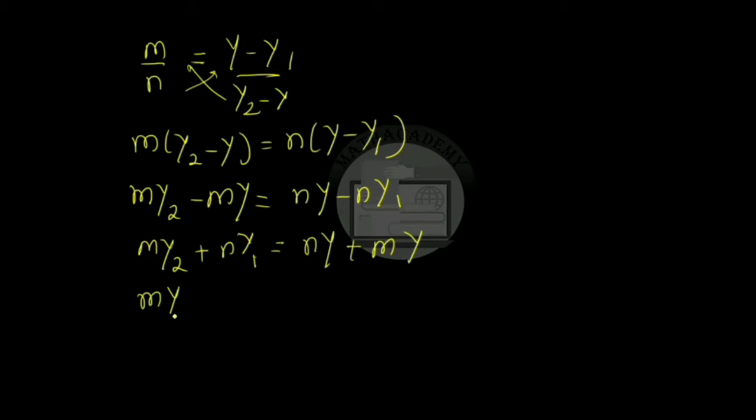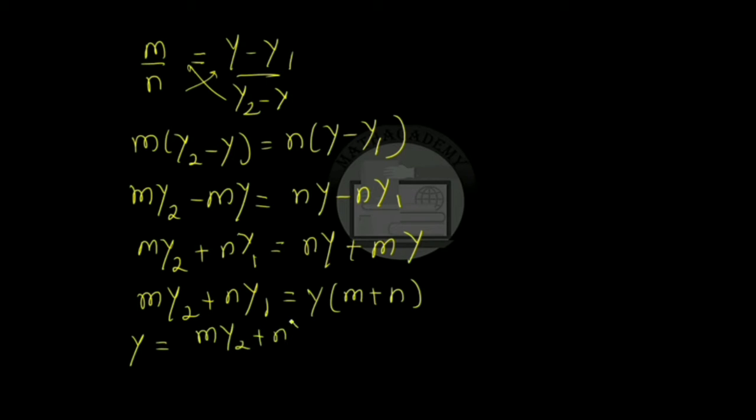So my2 plus ny1 is equal to, take out y common and we are left with m plus n. So from here we get y is equal to my2 plus ny1 over m plus n.